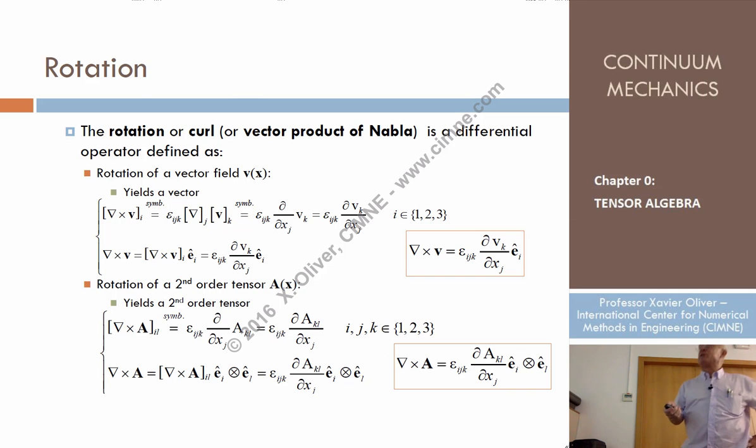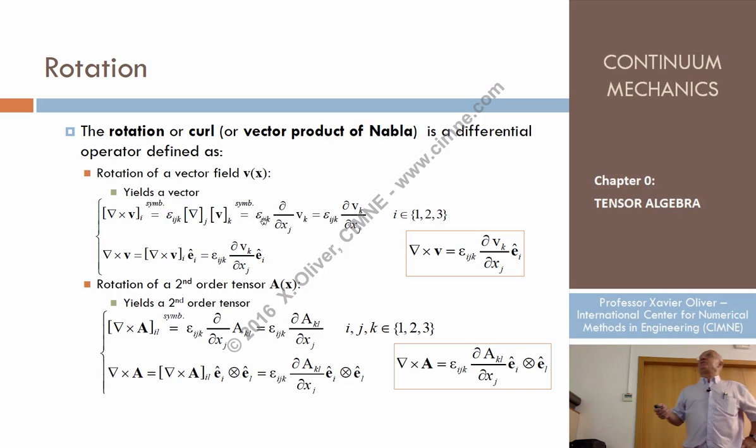So epsilon ijk times the component j of the first times the component k of the second. Look at that again, j and k are mute indices. The only free index is i, so that index goes to the other side.